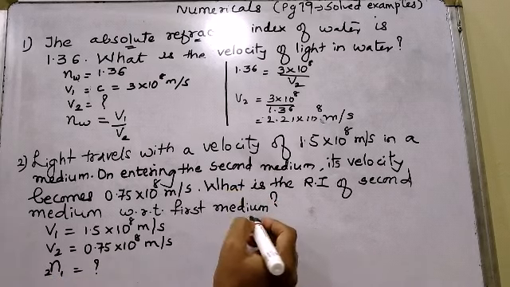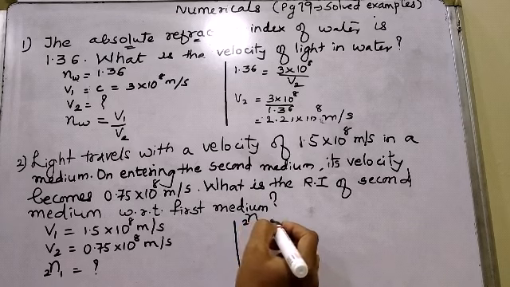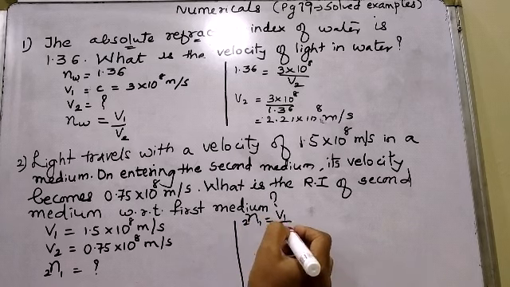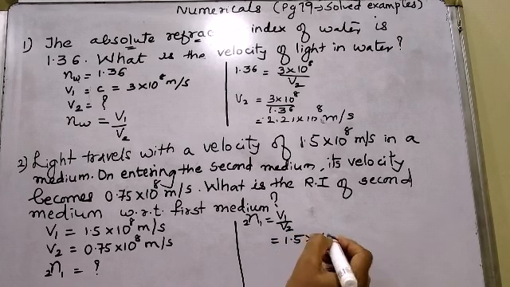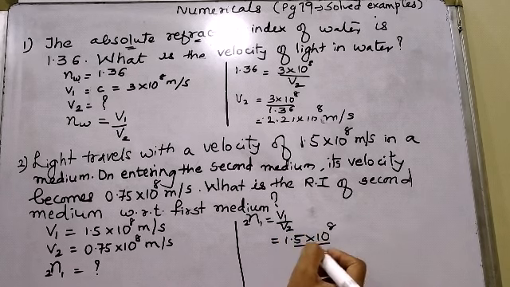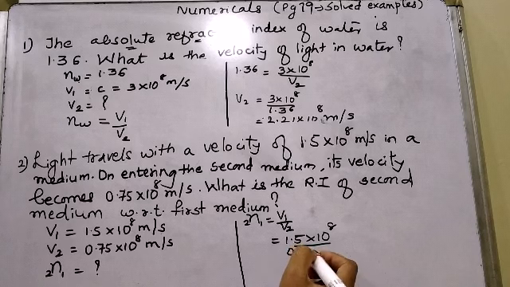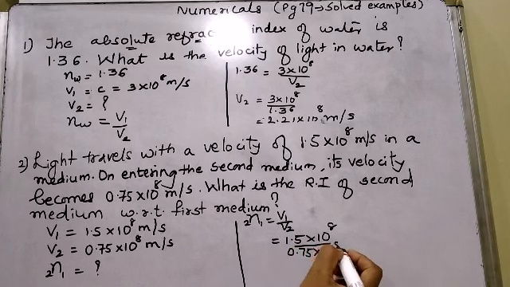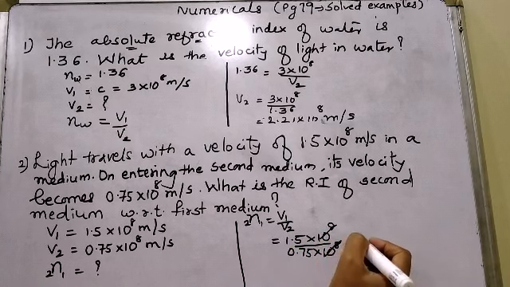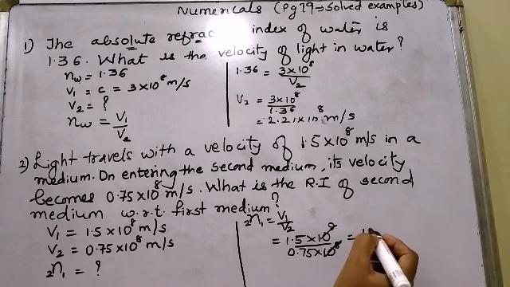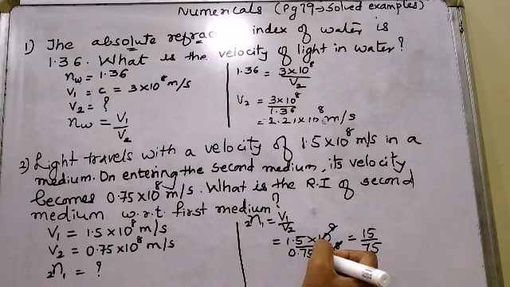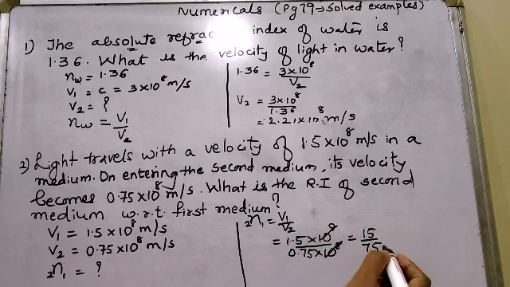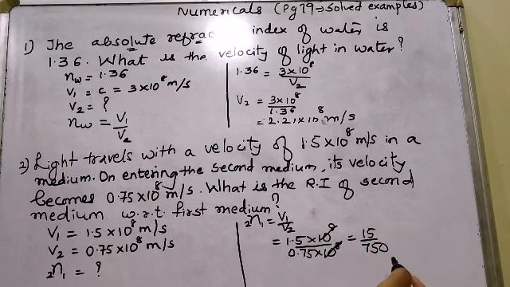So I'll write down the formula. N21 is equal to V1 upon V2, which is equal to 1.5 into 10 raised to 8 divided by V2, which is 0.75 into 10 raised to 8. 10 raised to 8 and 10 raised to 8 get cancelled. Now I'll remove the decimal. 15 upon 75. If I have to remove the decimal from the numerator, I will have to multiply by 10.